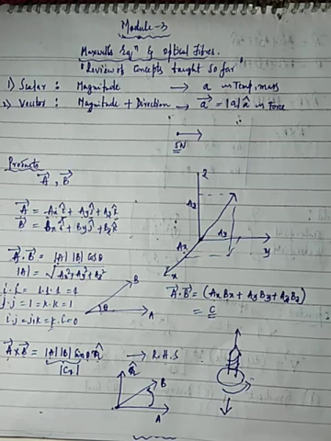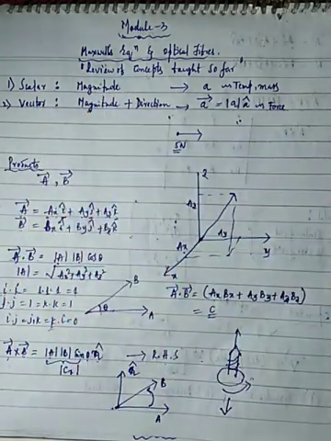And then we discussed vector multiplication. If you have two vectors a and b, for example, how do you multiply them? There are two ways to multiply them. One, multiplying them and getting a scalar out of it, a number out of it, that is called the dot product.